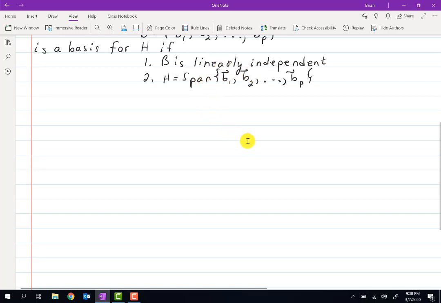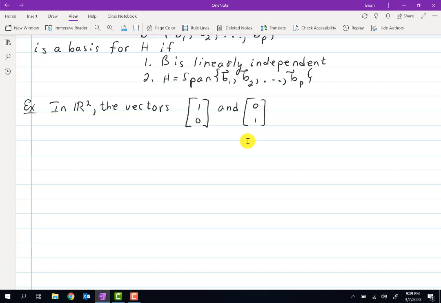So let's take a look at some examples here. In R, let's start with R2. The vectors (1, 0) and (0, 1) are a basis for R squared.